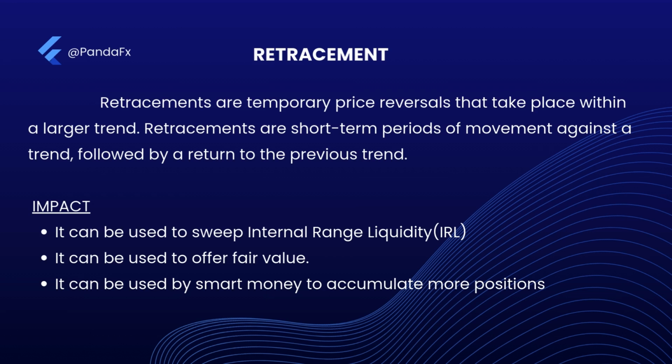Fair value gaps, where there will be an accumulation of buys, where the algorithm will just pull buys. For example, in a fair value gap where the algorithm just pulls buys, that's a PC. So a retracement can fall into that fair value gap to balance it, to offer sell prices there before continuing the trade.